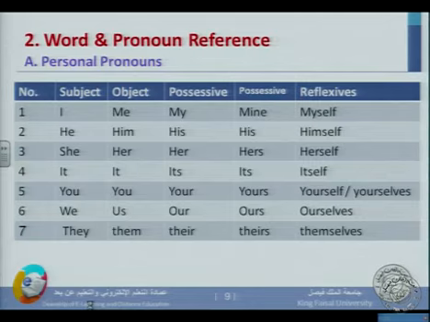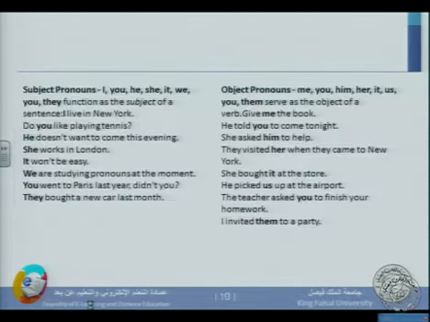Word and pronoun reference. Again, I guess we have covered the pronoun reference last class. غطينا هذا الموضوع جانب منه في المحاضرة السابقة. ال pronoun reference ايش هذا الضمير بيرجع ولا غيره. Personal pronouns.